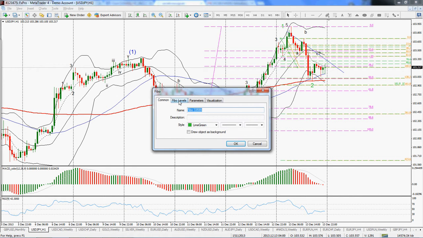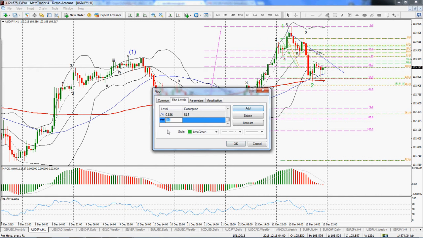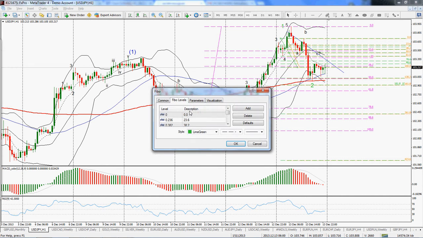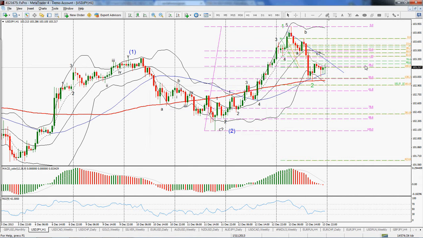Sometimes there is a level of 138.2, but I don't think it's the case. I have it. Oh yeah, here it is.